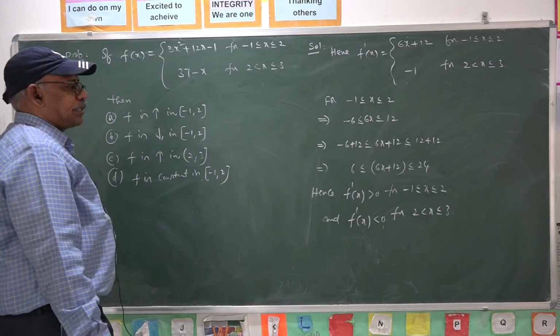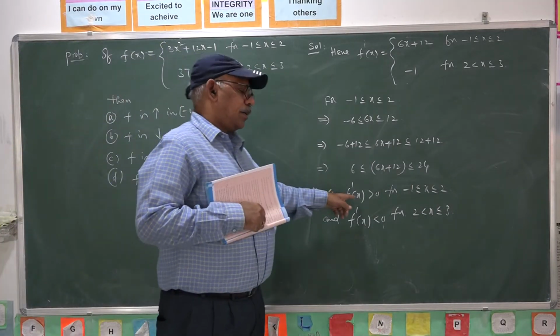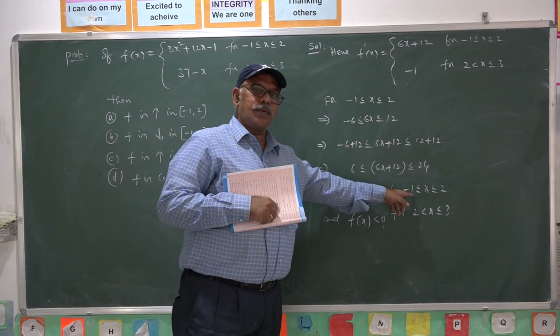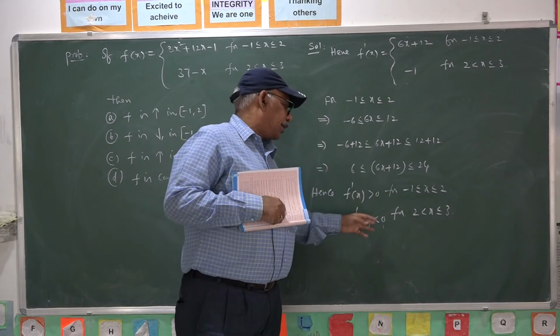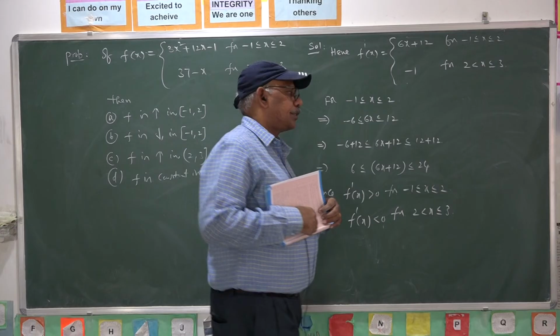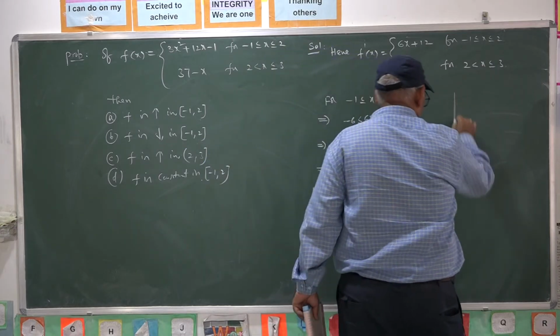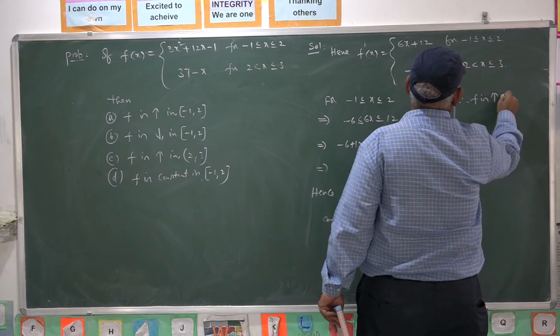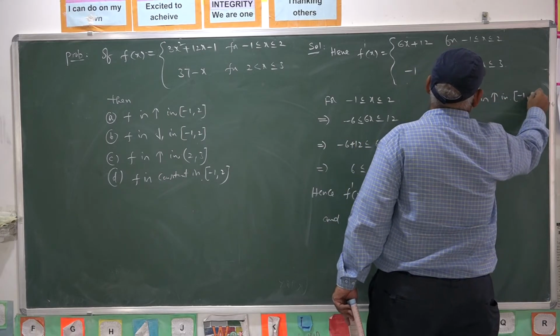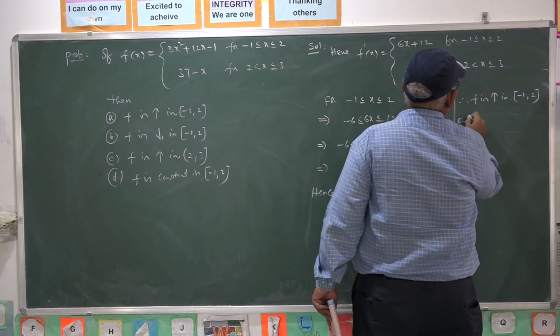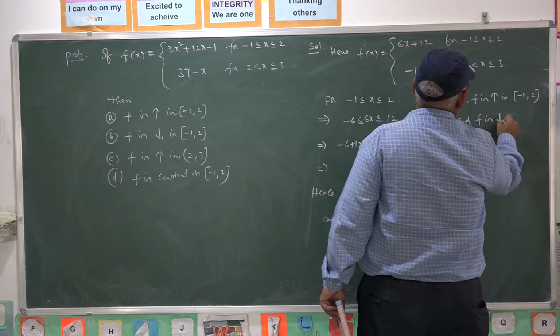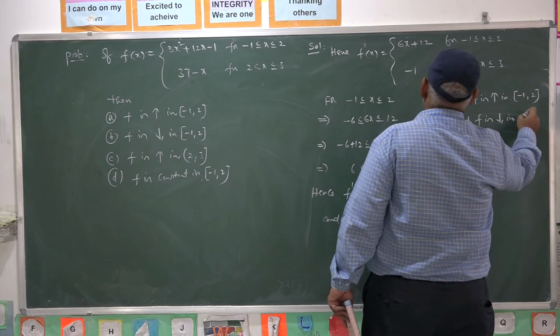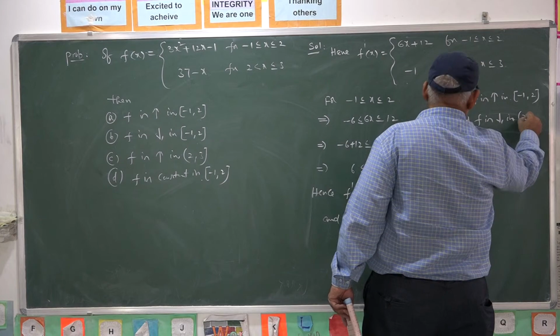So, f dash x is positive means in this interval f is increasing, and in this interval f is decreasing. So, we can conclude that f is increasing in the interval -1 comma 2 and f is decreasing in the interval 2 to 3.